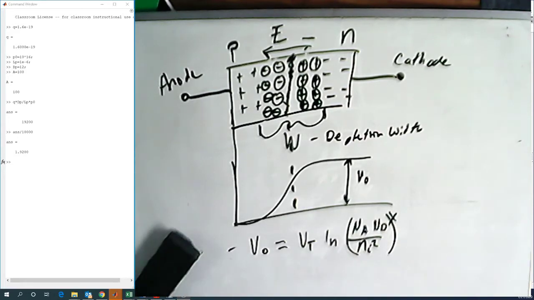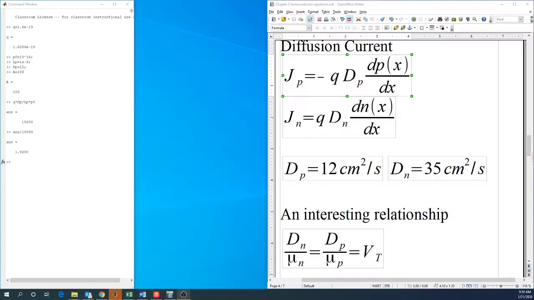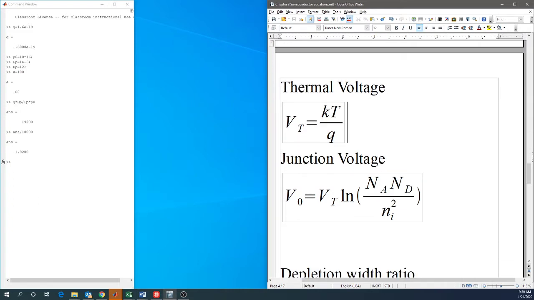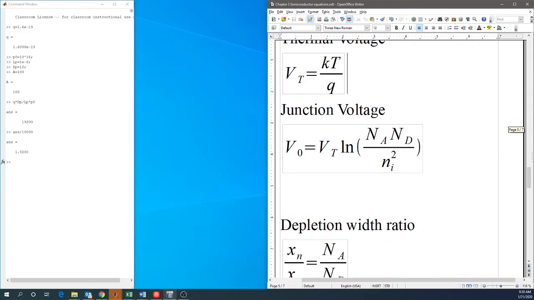And just so that we don't get lost in the equations, let's bring that forward. Let's find that equation. First of all, thermal voltage, KT over Q. Junction voltage, V0 is equal to VT, natural log, NA, the acceptor concentration on the P-type, ND, the donor concentration on the N-type, over NI squared.